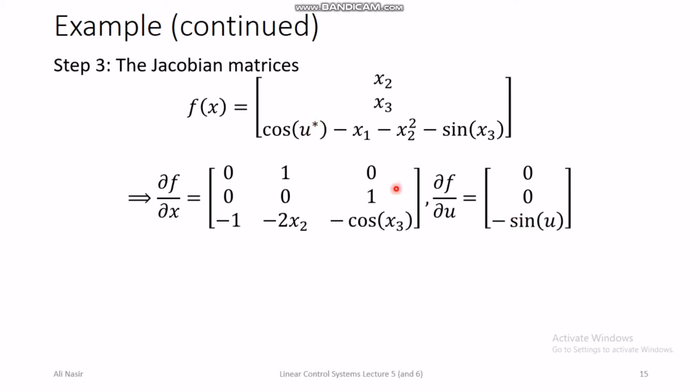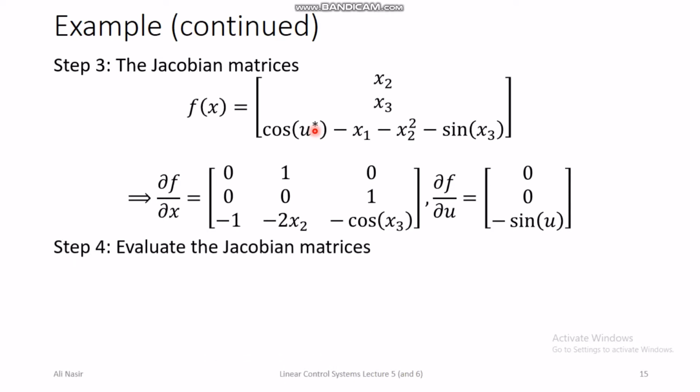Do not get confused, because we will get rid of this confusion as soon as we do step number 4. Technically I should not be writing u star here. This should be just cos of u, because we are going to substitute u equal to u star in step number 4.